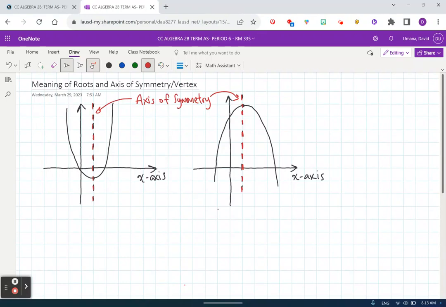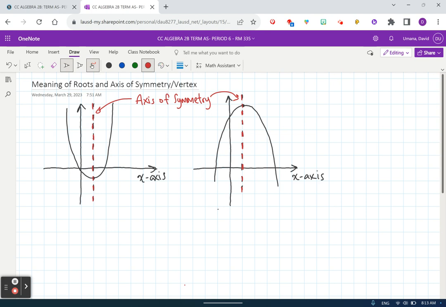So today we're going to talk about the meaning of roots and the axis of symmetry given the vertex. As you can see on my image, I have two possible ways of drawing a parabola that we typically look at. And in it, I have already identified the axis of symmetry for each one.